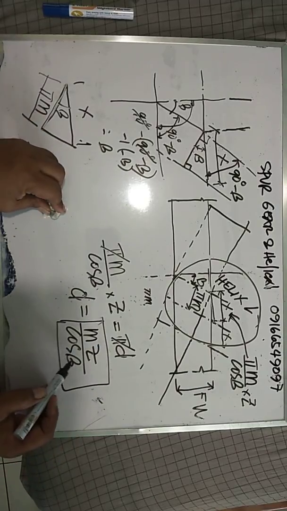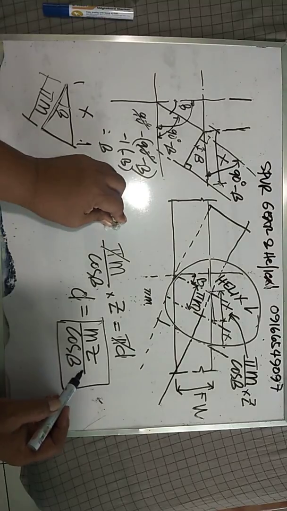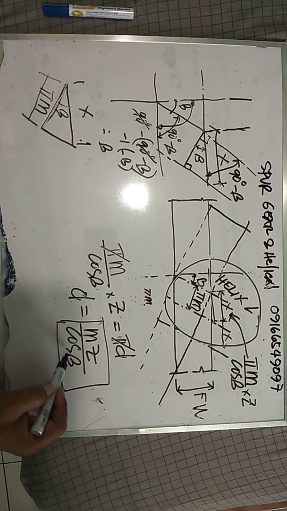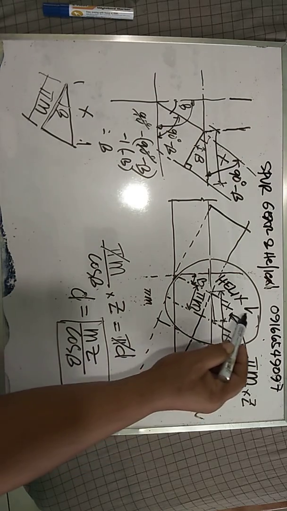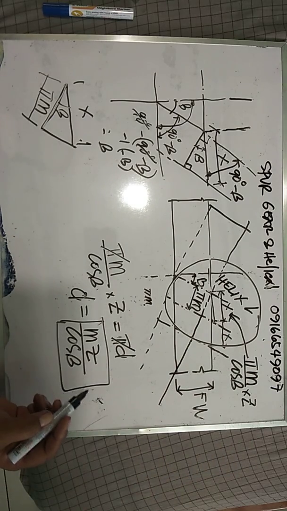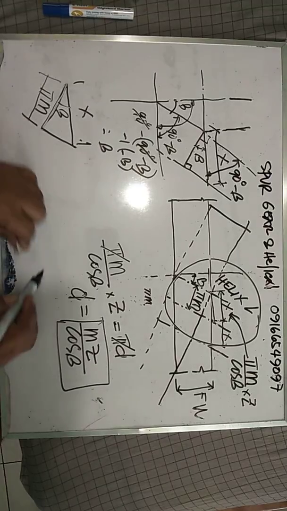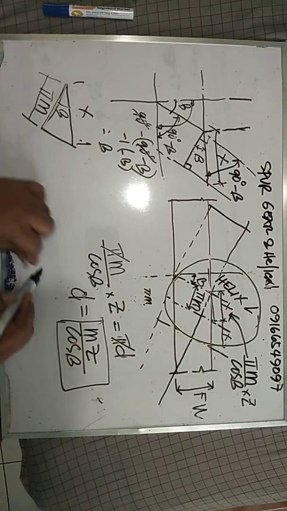Okay, d is equal to module times the number of teeth over cosine beta, which is the helix angle. Okay, and simply the outside diameter is the same as the spur gear, like this one.